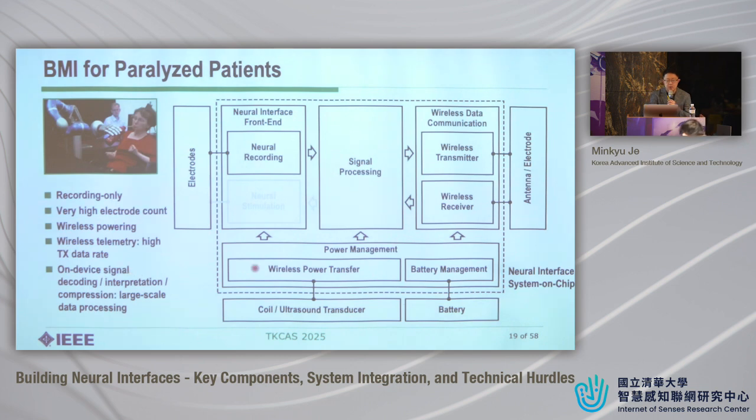Okay, and also their challenge is with the wireless telemetry, especially the transmitter side, because it has to communicate the huge size of neural recording data through the antenna or some other communication transducers. And it also wants to provide quite sophisticated signal processing inside, so that we can perform on-device signal decoding, interpretation, and compression. For all these signal processing functions, it requires large-scale data processing. Okay.